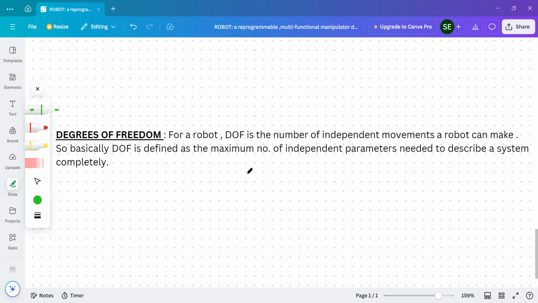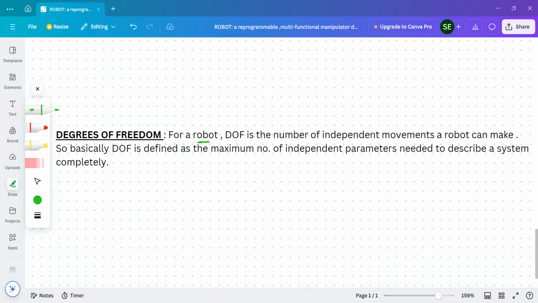Now we will understand what degrees of freedom is. As we are studying robotics, a multidisciplinary subject, I will teach you degrees of freedom from the robotics point of view. Degrees of freedom can be calculated for any mechanical structure.